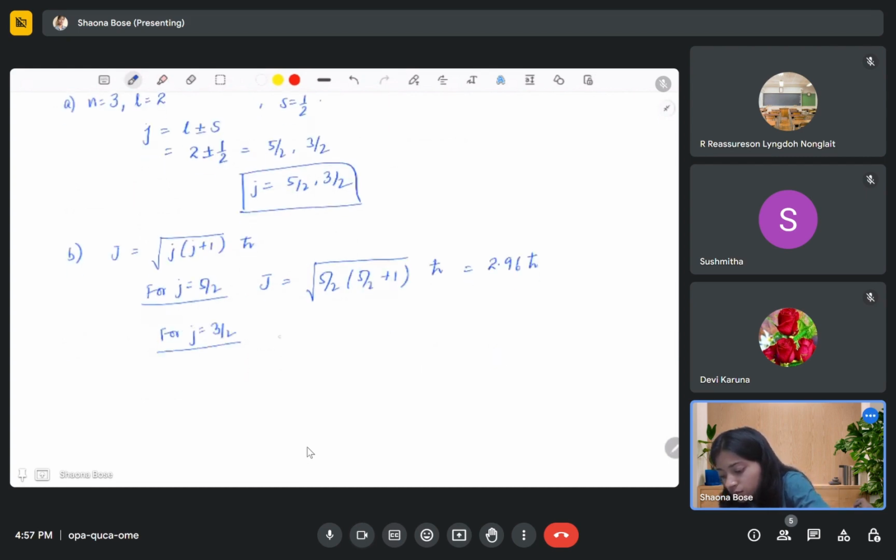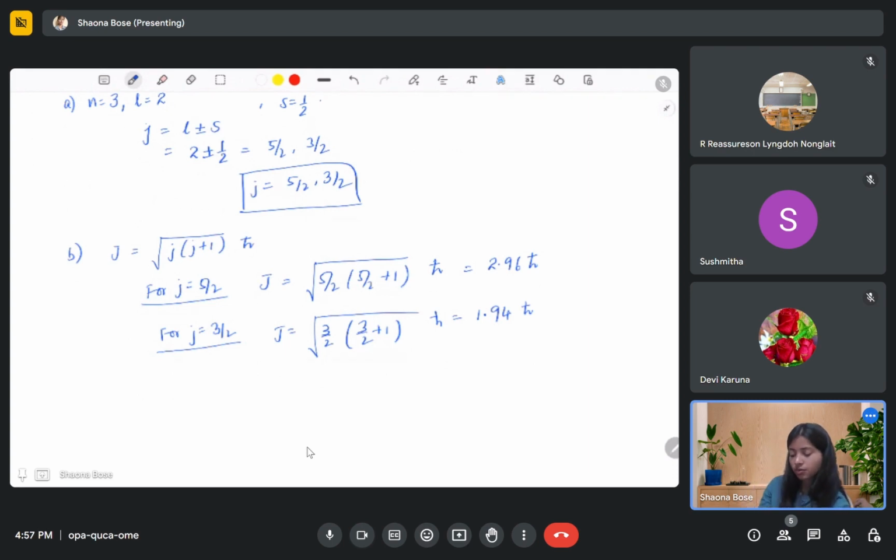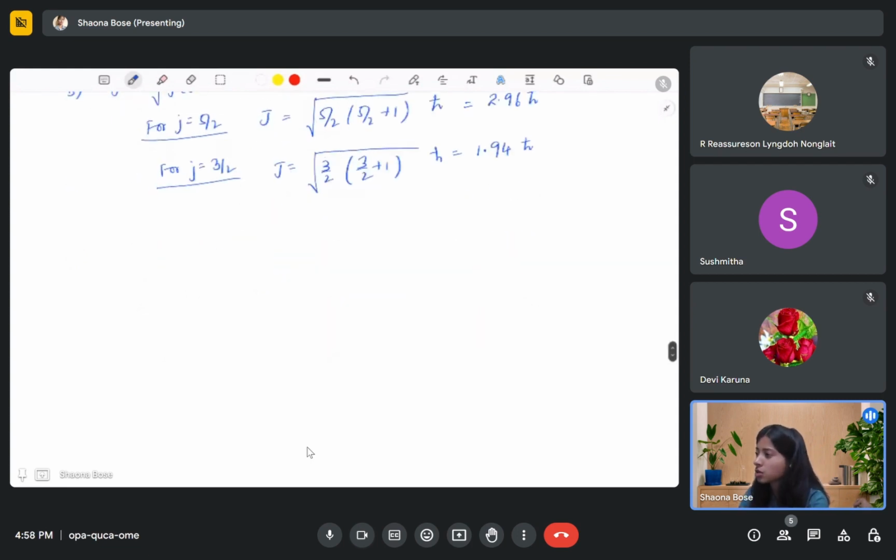Okay, and for j is equal to 3 by 2, you have 3 by 2, root, plus 1. Okay, so this is supposed to equal 1.94 h cut. Okay, so this is the magnitude of the total angular momentum. Now the last one, what are the possible z components of the total angular momentum?